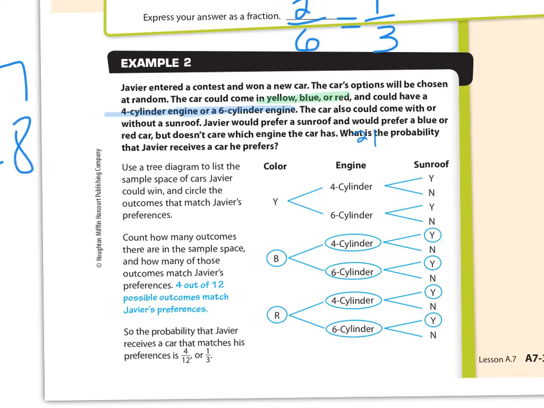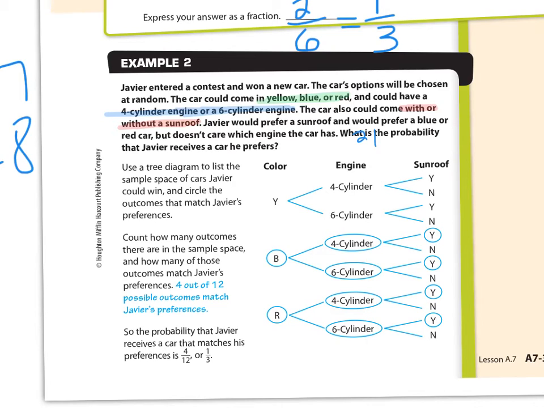The car also could come with or without a sunroof. So that's another option, with or without a sunroof. Javier would prefer a sunroof and would prefer a blue or red car, but doesn't care which engine the car has. What is the probability that Javier receives a car he prefers?